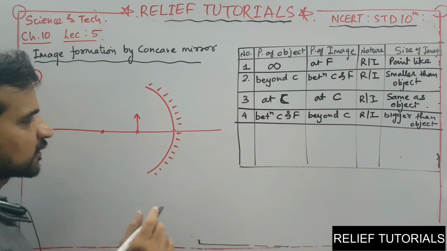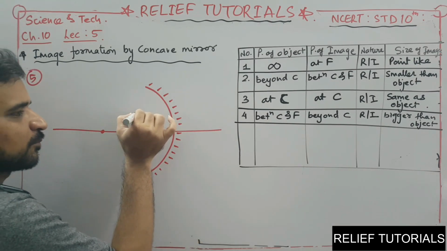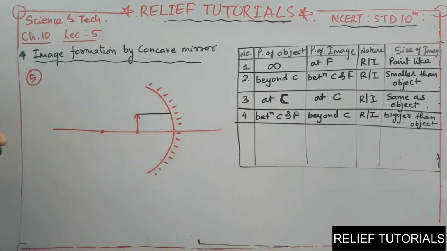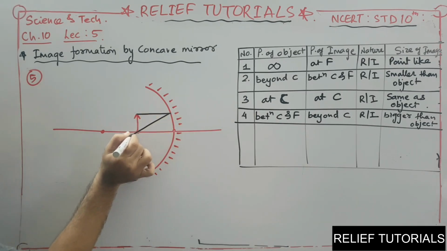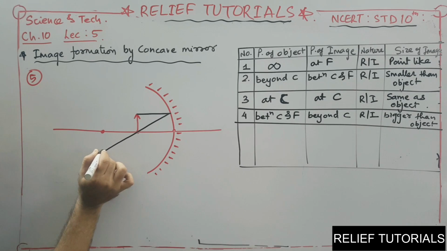Let us pass two rays. First ray going parallel to principal axis and reflect from F like this.